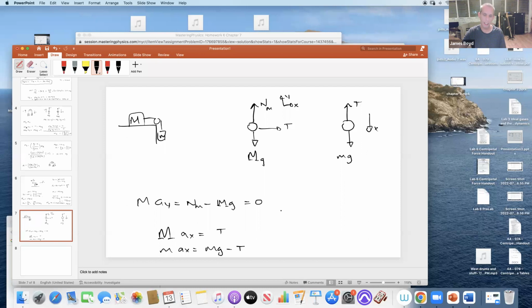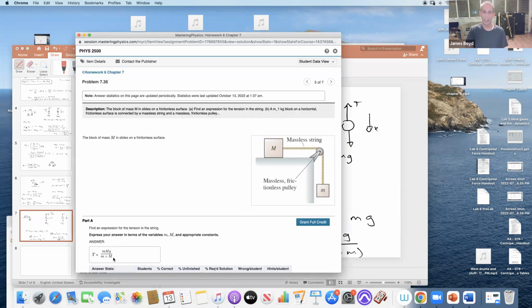That's just Newton's equations from these two free body diagrams. If we add these together, we get big M plus little m times A_X equals T minus T plus mg. That's little mg. So our A_X is little mg over big M plus little m. They want you to do that in symbols, but they want the tension.